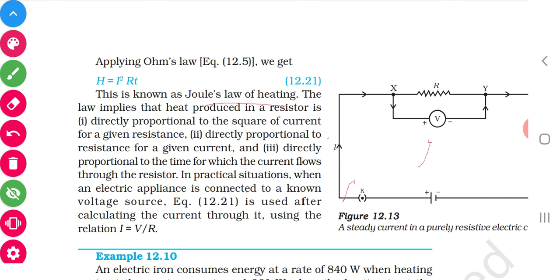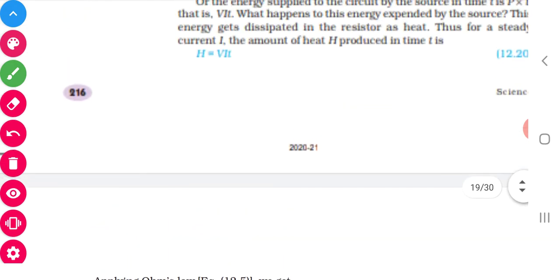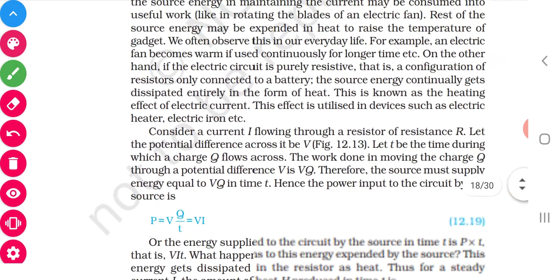If the appliance is connected to the voltage source, instead of I, we have to use V by R. So this is the calculation of heat generated in a conductor.